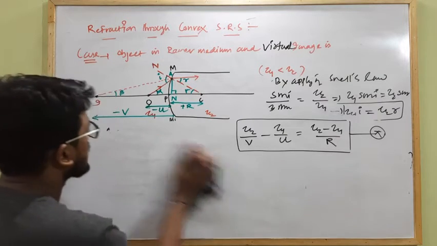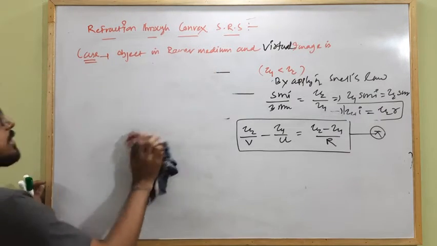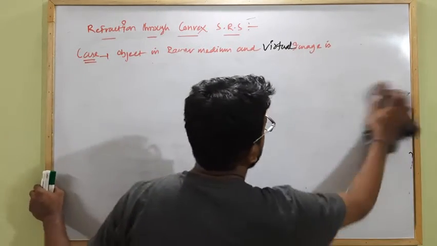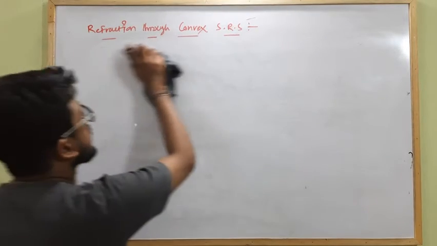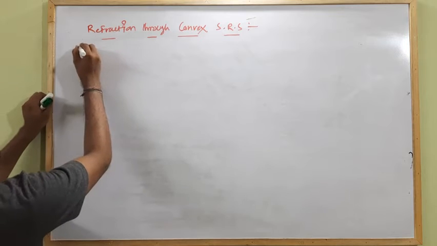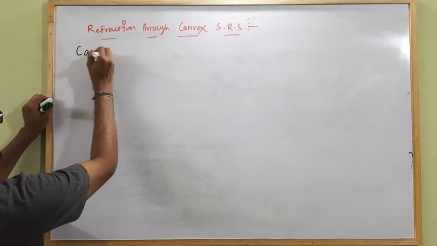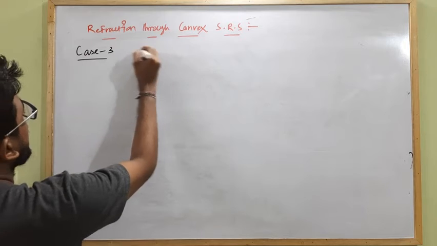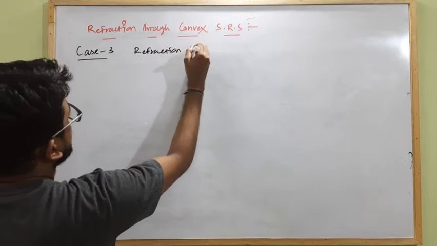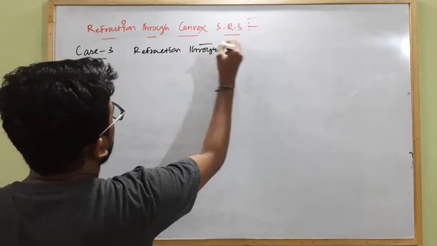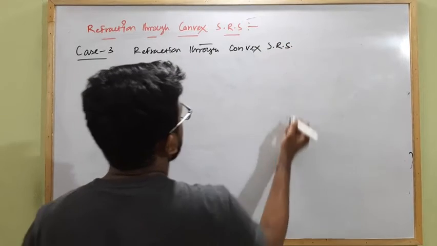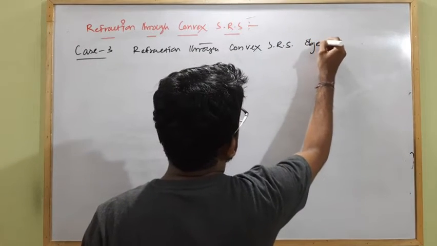What will be case 3? Here we already studied two cases in which the object is in the rarer medium, for which virtual and real images are found. Now we will study the object in the denser medium. Case 3, for the same convex refracting surface: refraction through a convex spherical refracting surface, object in denser medium.